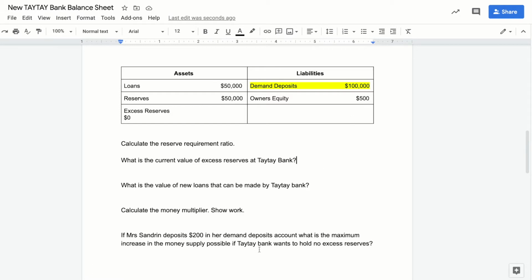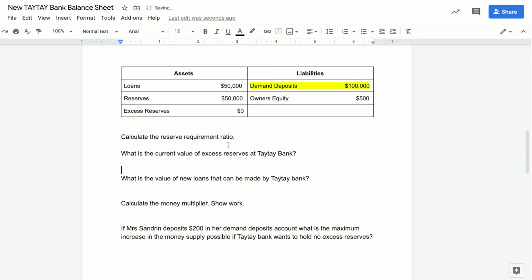Second thing you need to do is find out what the required reserve ratio is. This problem doesn't give us the required reserve ratio. It just makes us figure it out. We have no money in our excess reserves. Because we have $0 in excess reserves, we can conclude that this bank is only holding on to its required reserves.